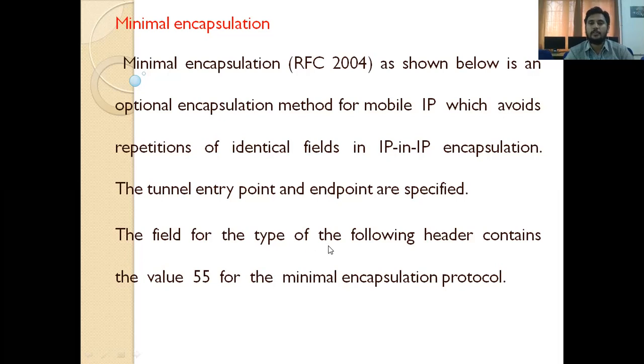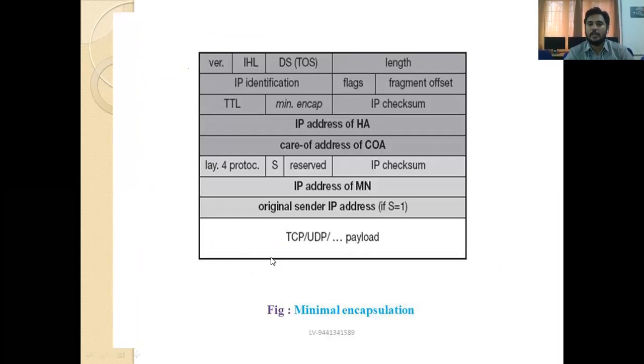The field for the type of the following header contains the value 55 for the minimal encapsulation protocol. This is the minimal encapsulation technique IP packet, a packet consisting of 32 bits. As usual, the same payload, either TCP or UDP payload, original sender IP address and IP address of mobile node, then IP checksum, reserved, S bit and layer 4 protocol, care-of address and IP address of home agent, IP checksum and minimal encapsulation.